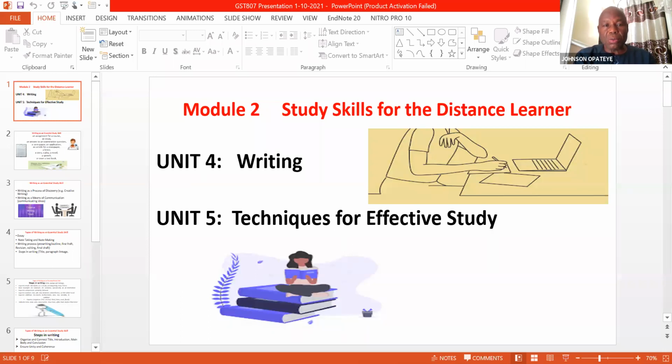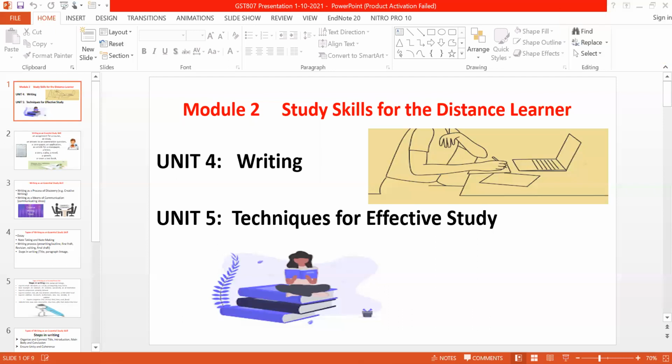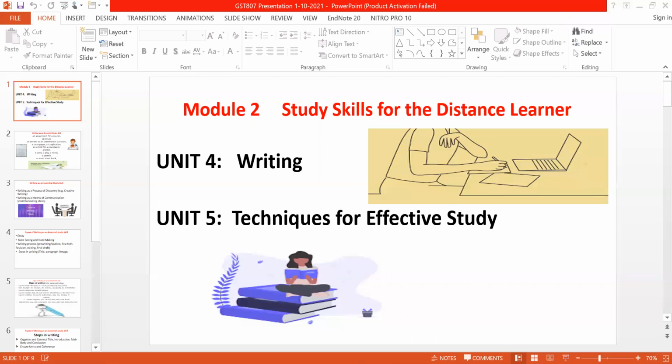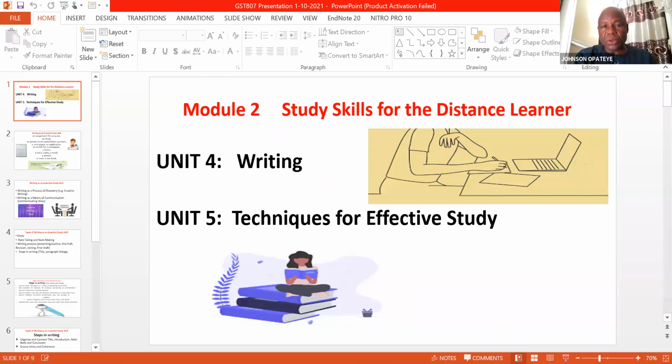And we saw the reasons why listening and reading are very important for you as open and distance learners to be able to have effective learning during the course of your studies.